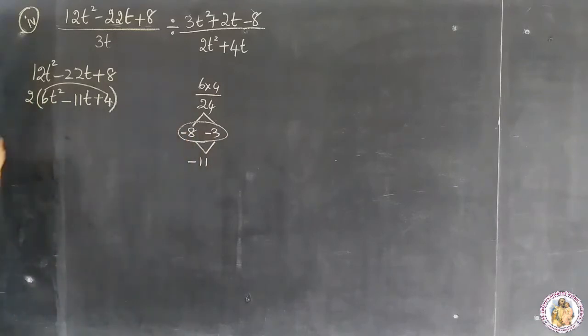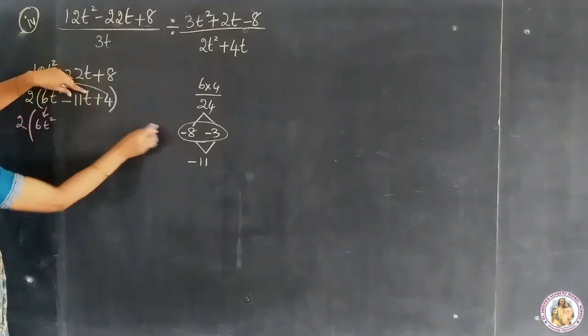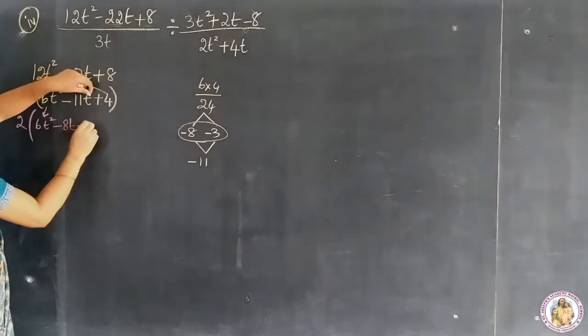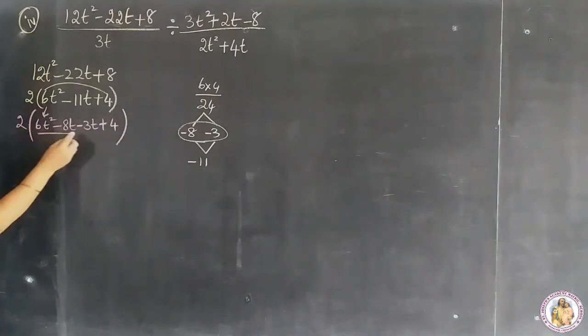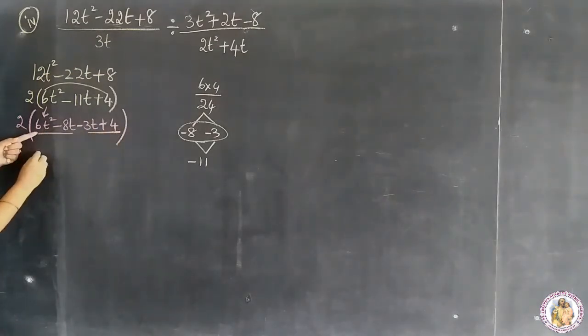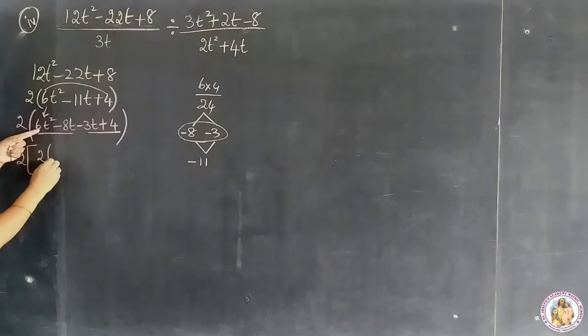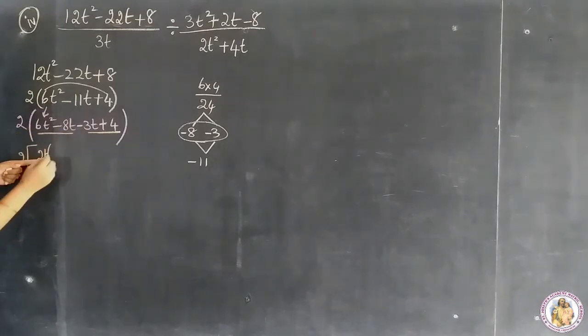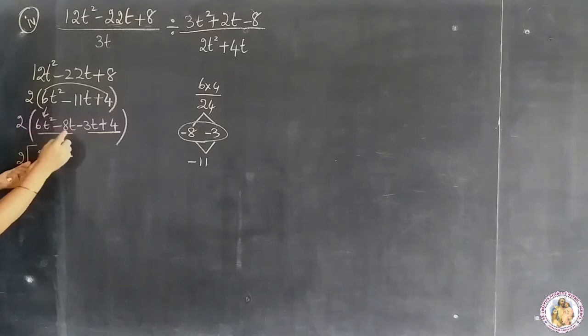Okay, now write the first and the last term as it is. 6t square. In the place of 11t, write minus 8t minus 3t plus 4. Okay, split the terms, first 2 and last 2. 2 is common again. 2 and t, so 2t. 2 3s are 6, t into t, t square, minus 2 4s are 8, t.